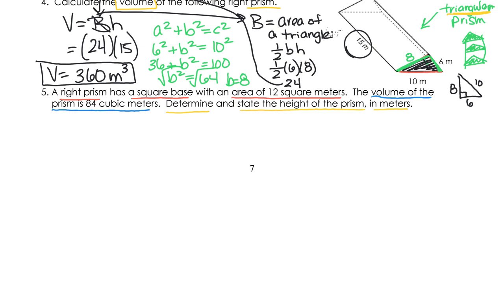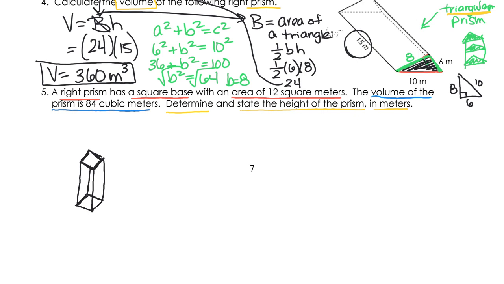So let's get a picture. We have a right prism, which just means it stands straight up and down with a square base. So we have a square base on the bottom, and it's a prism. So what that means to me is that it's going to have the same square base on top. So if we kind of connect these like this, you can kind of get a nice visual of our square base on top.